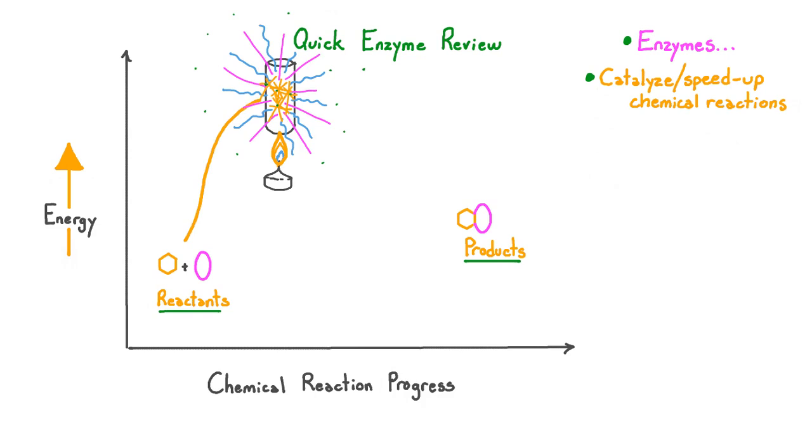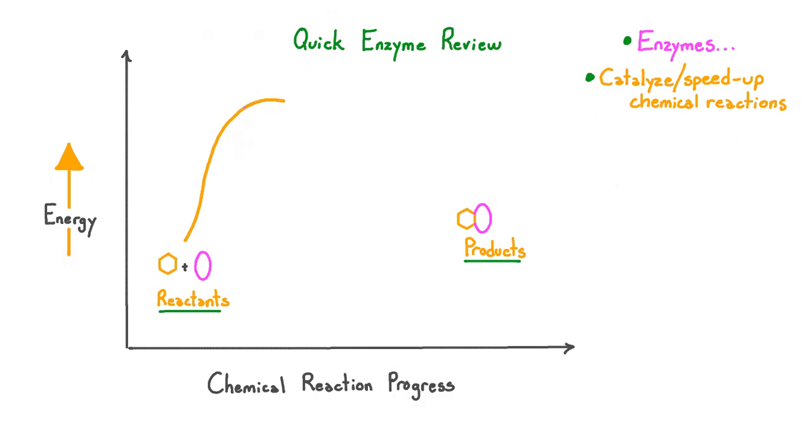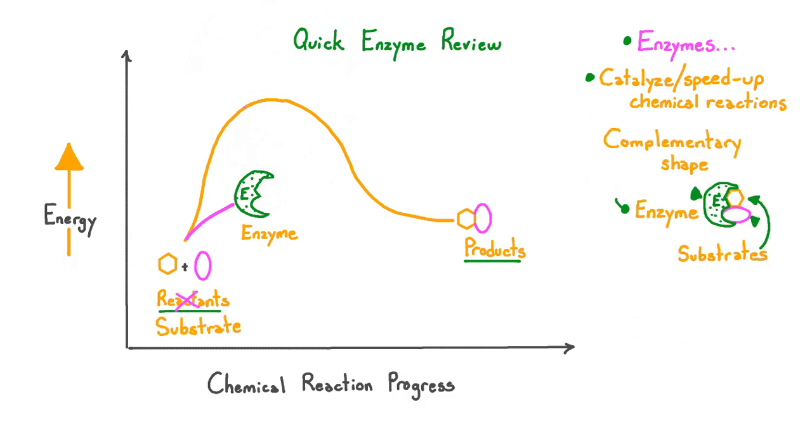The bonds of the reactants rearrange in the chemical reaction, producing the product or products. But if an enzyme catalyzes this reaction, less of an energy input is required. And here's how that works. Enzymes have a complementary shape to their substrates.